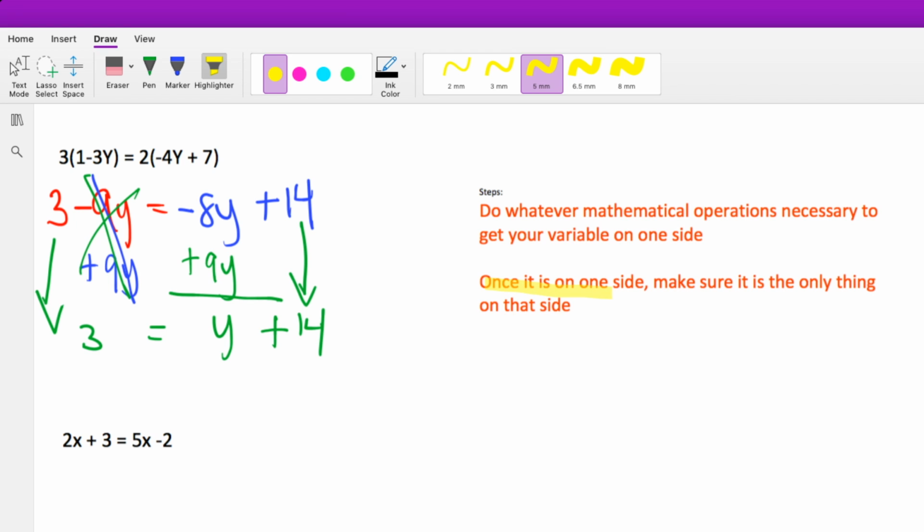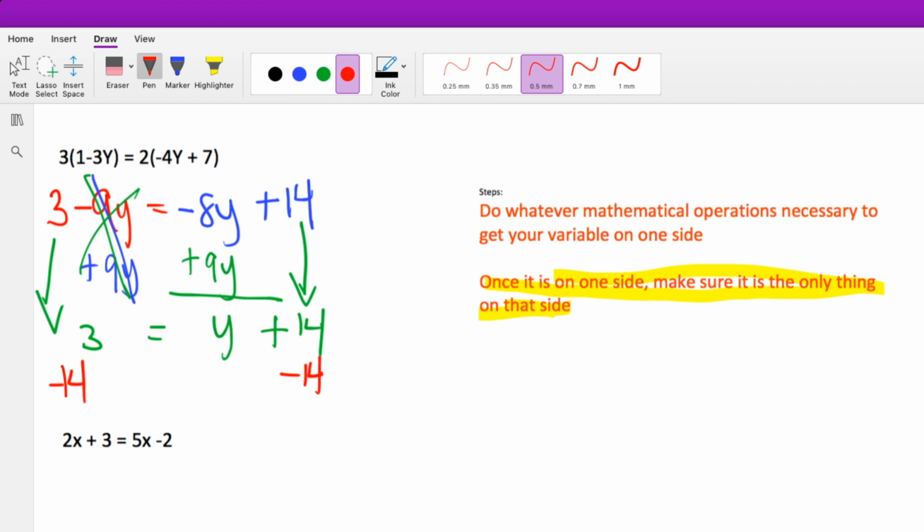So once it is on one side, make sure it is the only thing on that side. How do we get rid of a plus 14? We have to subtract 14 from both sides. 3 minus 14 is going to give us negative 11 equals y. And that's it.